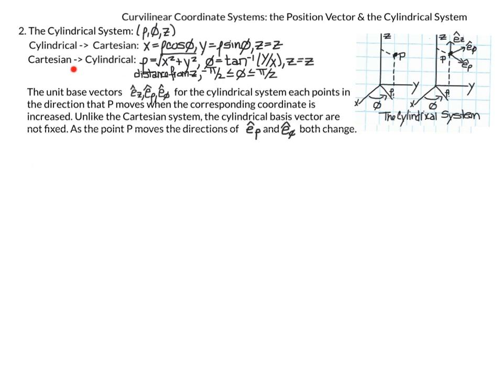The next thing we're going to talk about are the unit basis vectors: the unit basis in the z direction, the unit basis in the rho direction, and the unit basis in the phi direction. And these basis vectors change depending on where we are in space. The way we know what direction they point in is they point in the direction that our point moves when the corresponding coordinate is increased.